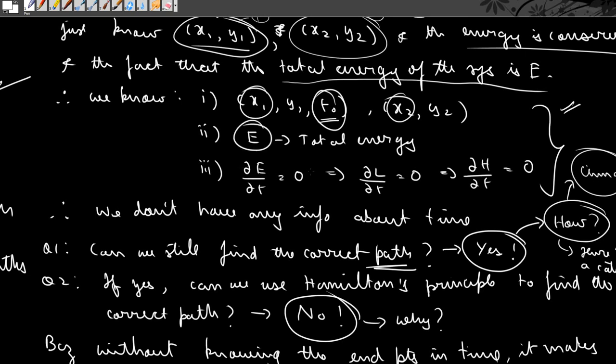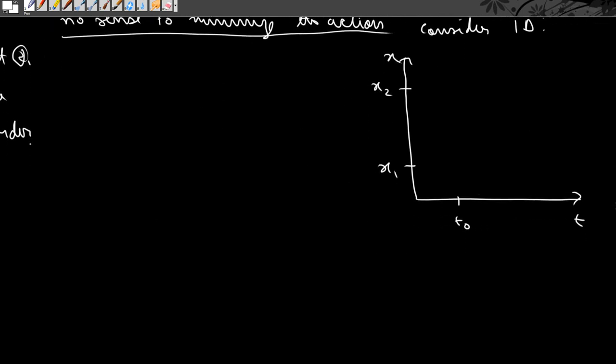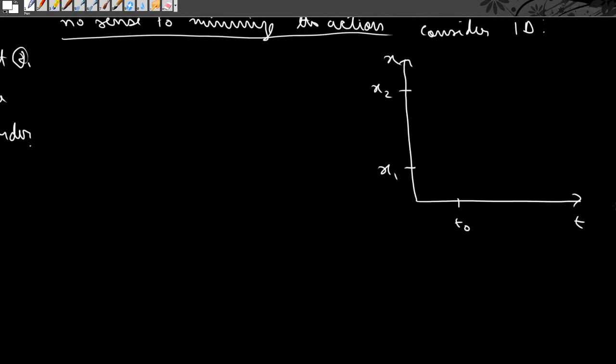We know the total energy and we know the fact that the energy is conserved. So the one dimensional problem is to find what the path is. We know that the system starts at this point, which I'm going to call point 1, and we just know that it ends at the coordinate 2, which is x2.